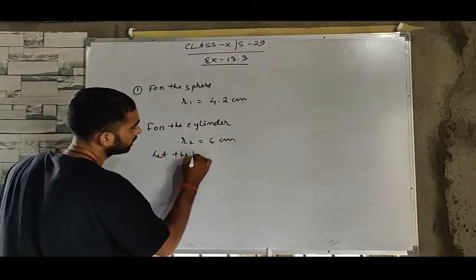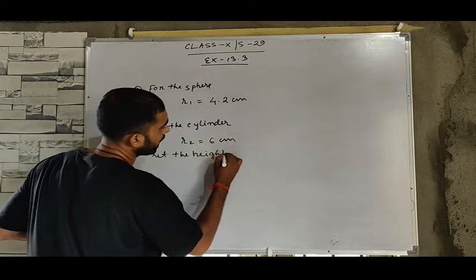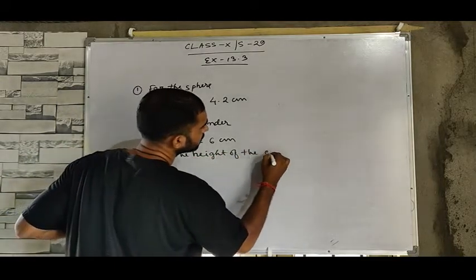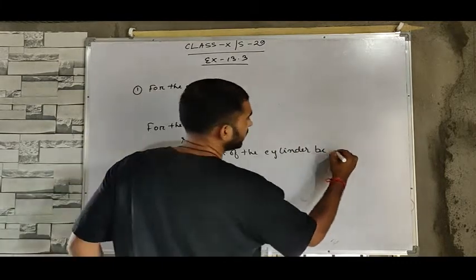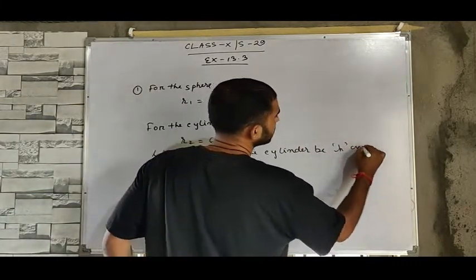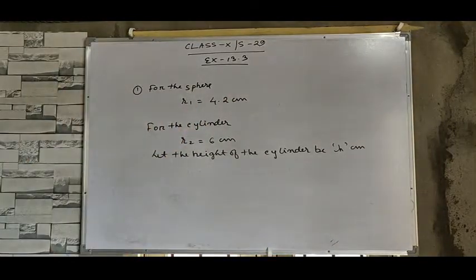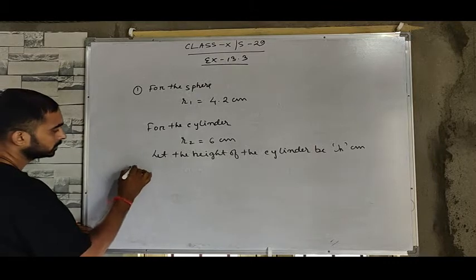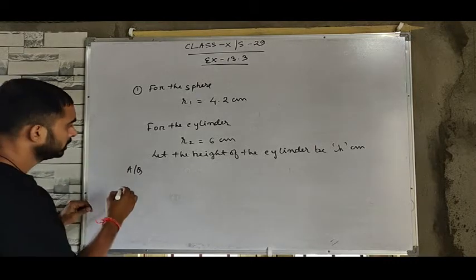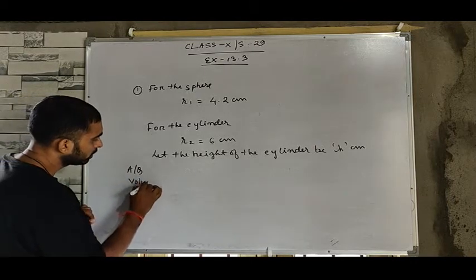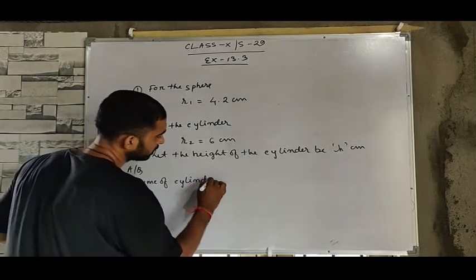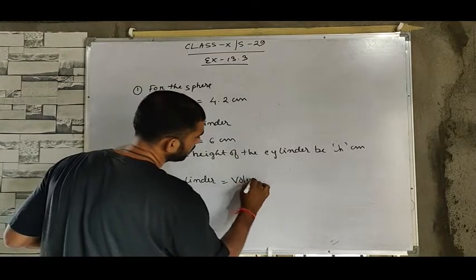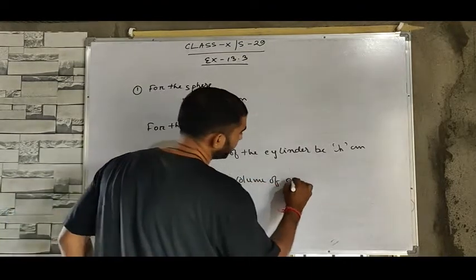Let the height of the cylinder be h cm. Now according to the question, volume of cylinder equals volume of sphere.